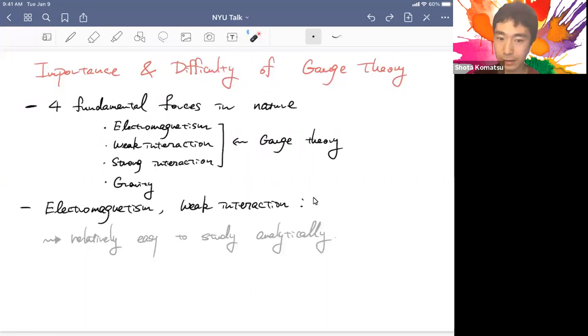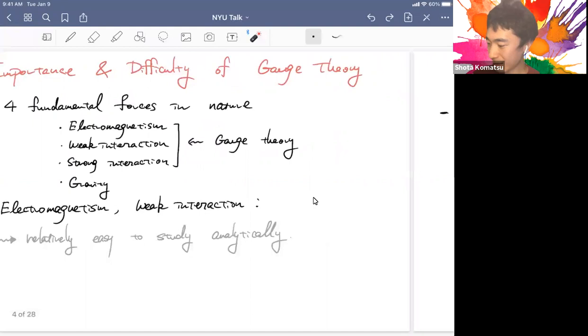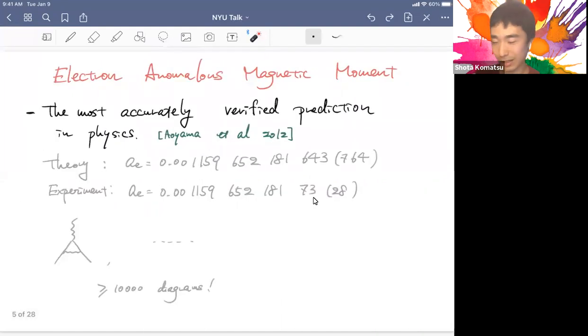In particular, among those three, the first two, electromagnetism and weak interactions, are relatively easy to study analytically. For instance, there is an impressive computation of the electron anomalous magnetic moment. This is basically how the electron behaves under the action of some electromagnetic force. We can say that this is the most accurately verified prediction in physics.